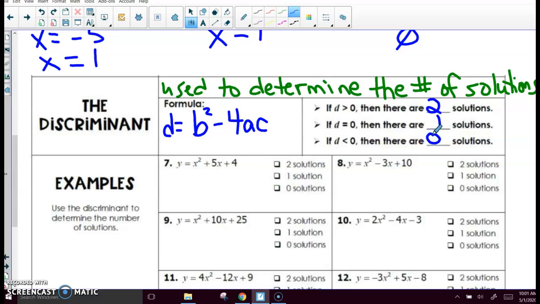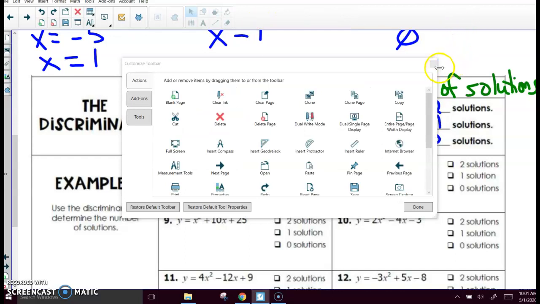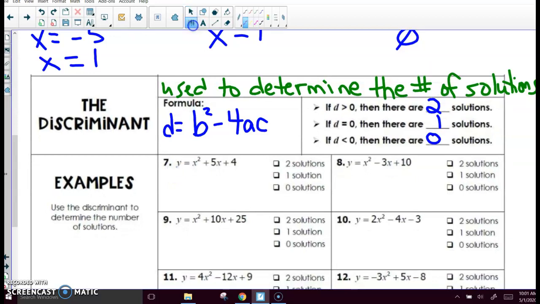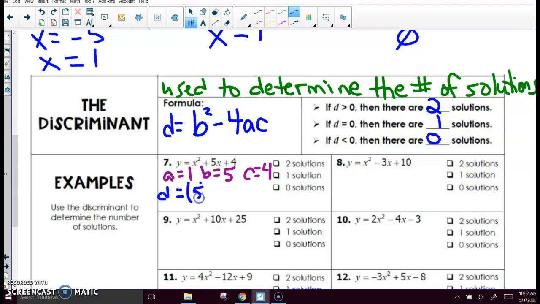So let's look at number 7. y equals x squared plus 5x plus 4. My a value is 1. My b value is 5. And my c value is 4. So let's plug it into our equation. d equals my b value squared minus 4 times my a value times my c value.